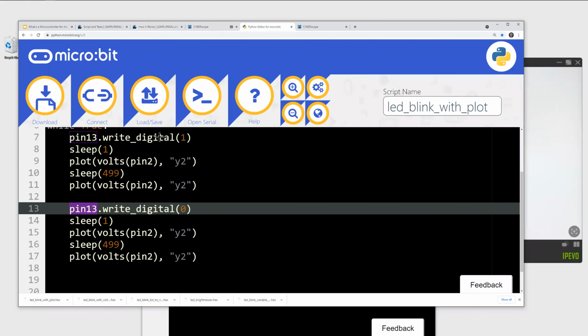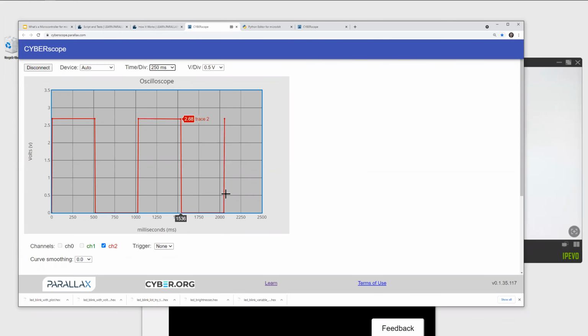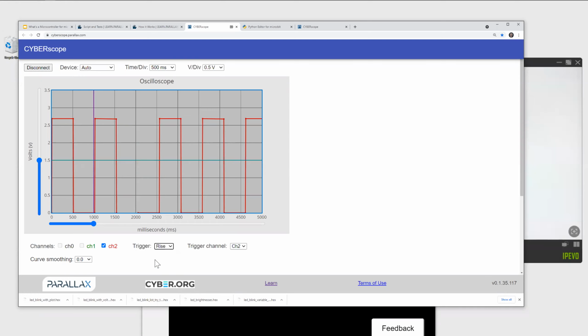Then finally, do you see how it's kind of marching across the screen? If we go back to 500, it doesn't necessarily stay put. The signal moves around a little bit. So one thing you can do is say, all right, I want the signal to always start at a certain point. You can set this trigger setting down here to rise.